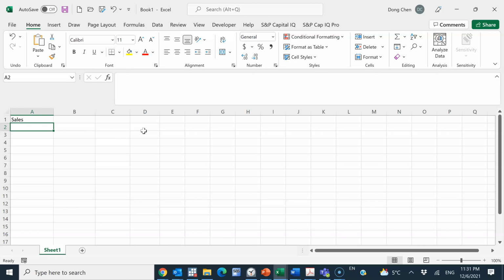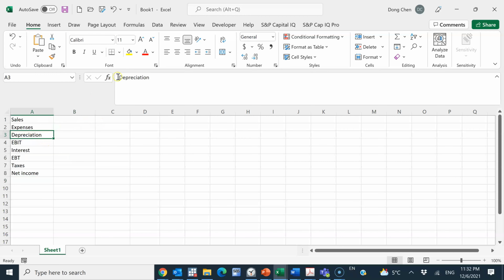So we know that the income statement starts from sales, and then we deduct expenses, which means it's typically cost of goods sold, and then the selling, general, and administrative expenses, and then we also deduct the depreciation, and then that becomes EBIT, and then we deduct interest expense, and then that becomes taxable income or EBT, and we deduct taxes, and then that's our bottom line, the net income. All right, so this is the typical structure of an income statement.